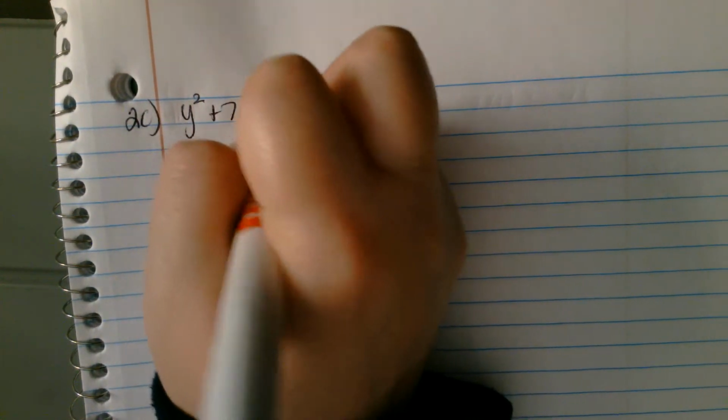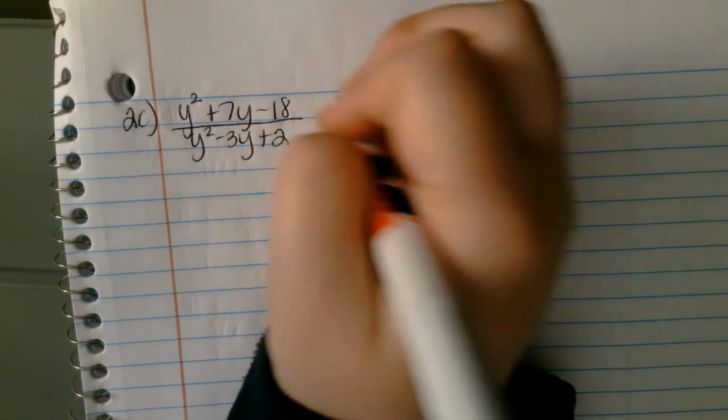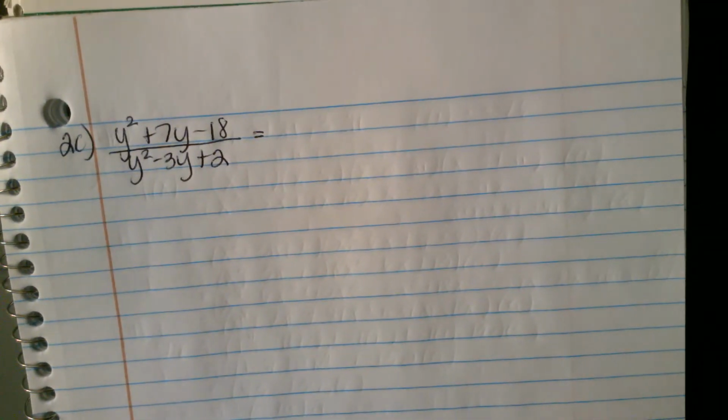Okay, one more. 2c, we have y's this time, so we have y squared plus 7y minus 18 all over y squared minus 3y plus 2. So factor numerator and denominator.